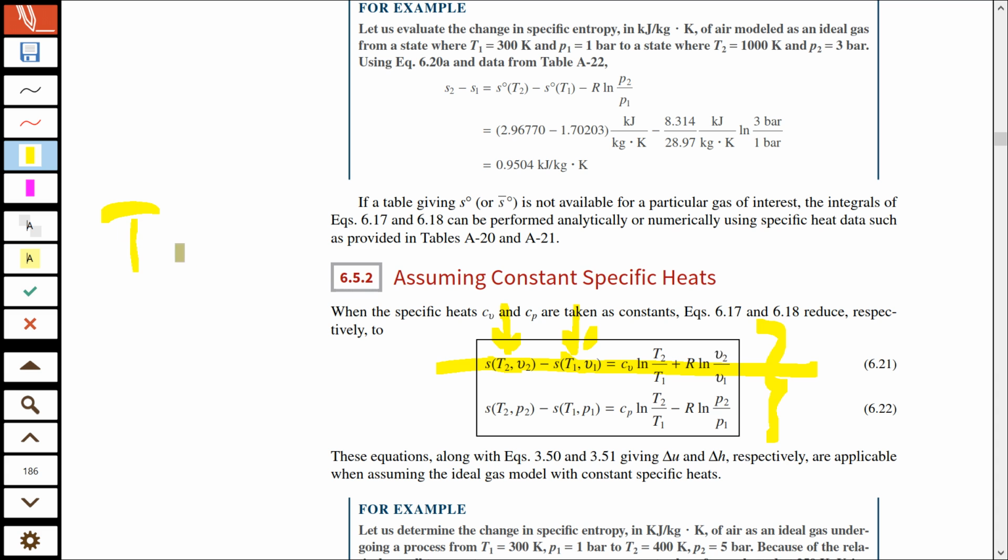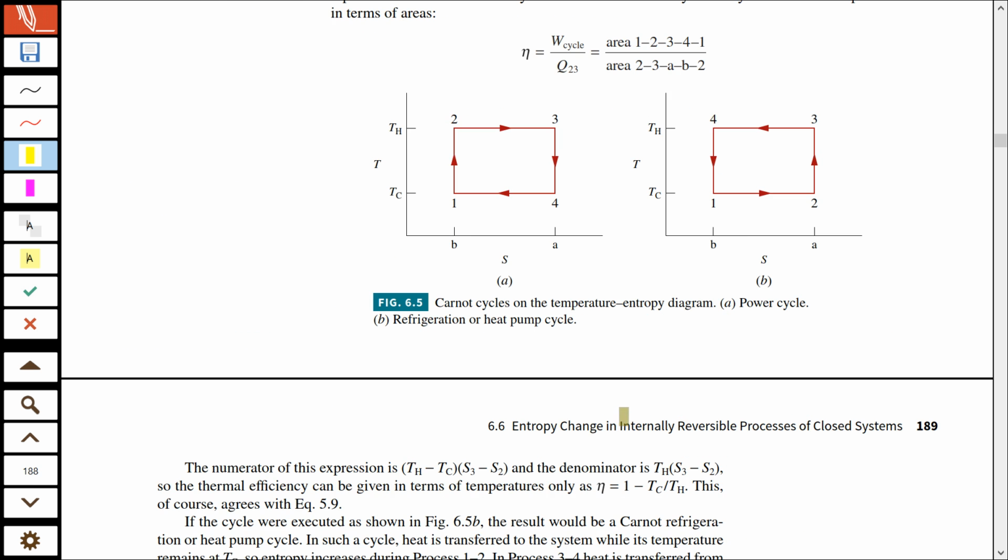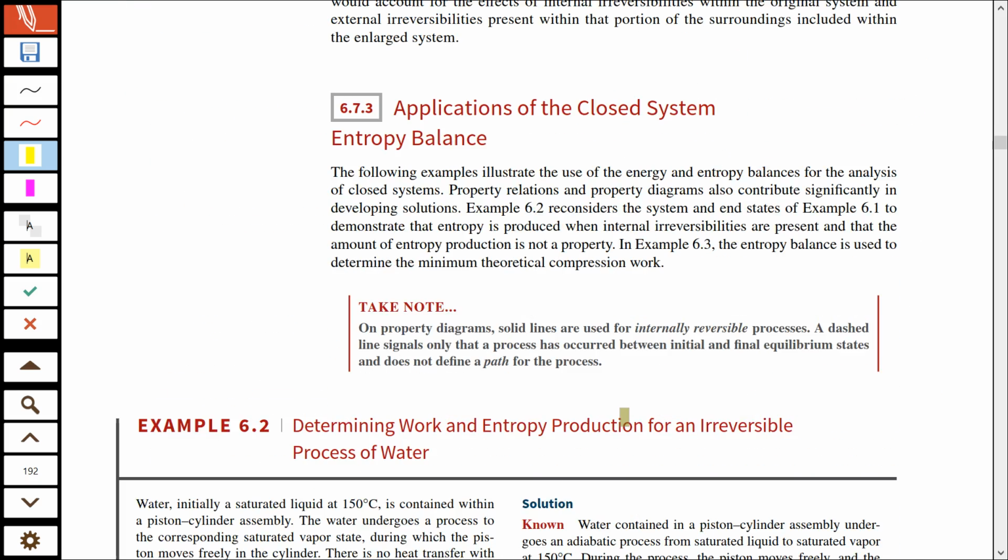You remember there were two equations, TDS equation 1 and TDS equation 2. So the first equation will be relevant if the state was described by T and V. But if the state is described by T and P, then the entropy change from state 1 to state 2 is simply this term and this term. The second one is used in that example. So that's why I don't see any problem with that.